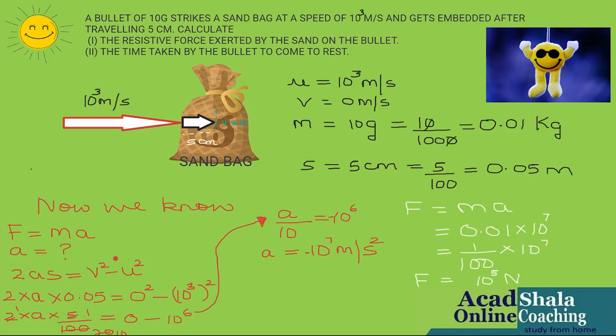The best suited formula to take out the acceleration which strikes my mind is 2as is equal to v square minus u square. After knowing the formula, I should put the values in this formula to take out the acceleration.